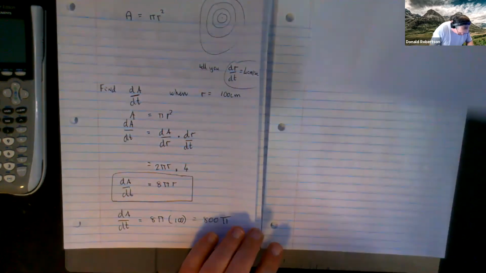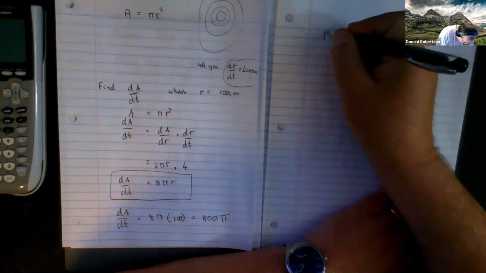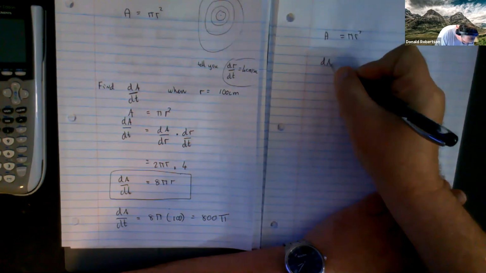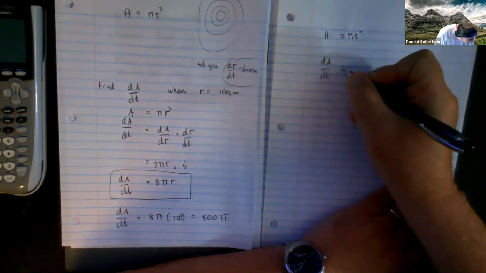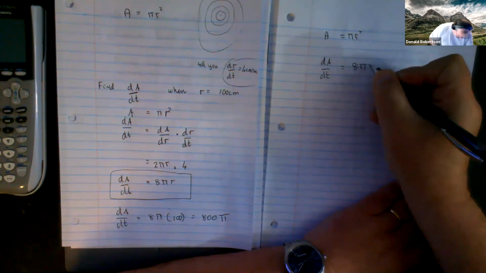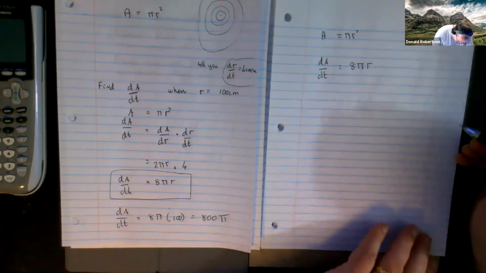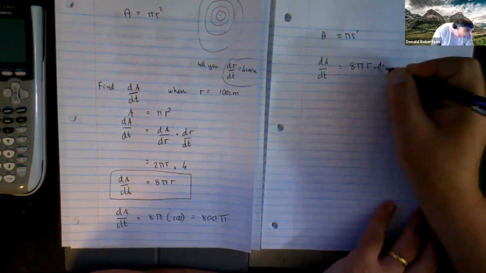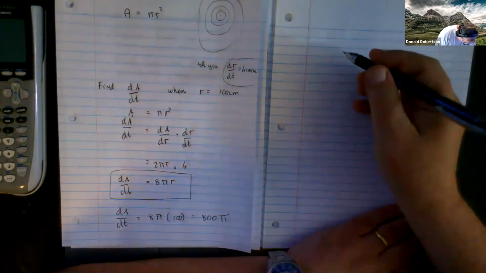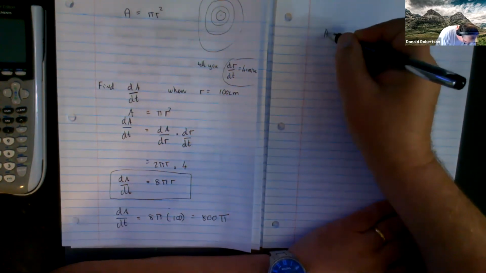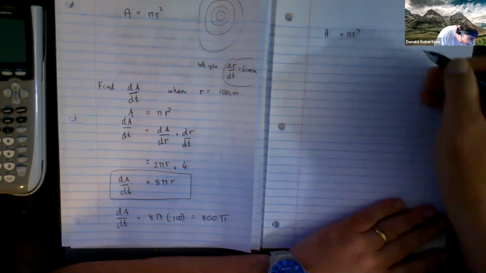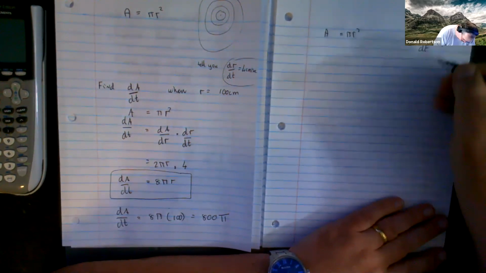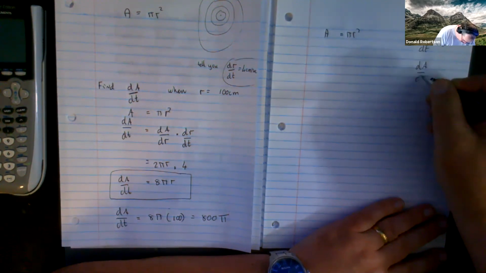Okay, let me go back to this guy. I've got A equals pi r squared. We already know the formula for dA by dt, so I'll just write that down. And the kind of question that I gave you was, let's start again. A is pi r squared. dr by dt is now going to be unknown, but they are going to tell you dA by dt.